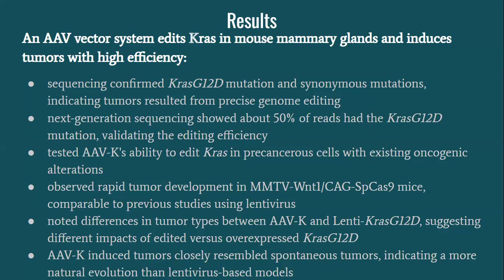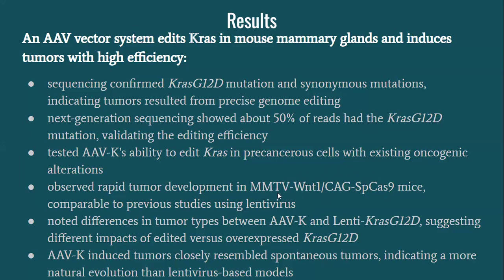And that also showed that the scientists observed rapid tumor development in MMTV Wnt1 CAG SP-Cas9 mice, which was basically, Wnt1 is like a pathway that helps in the development of cancer.